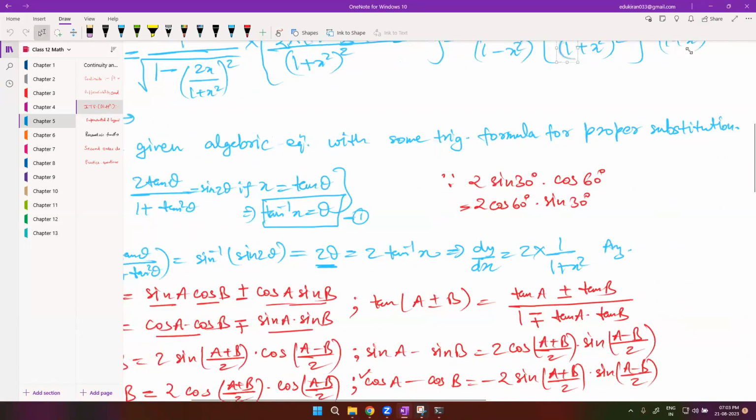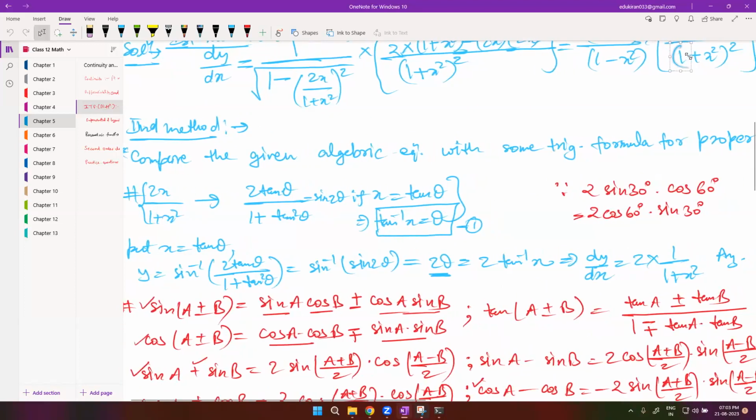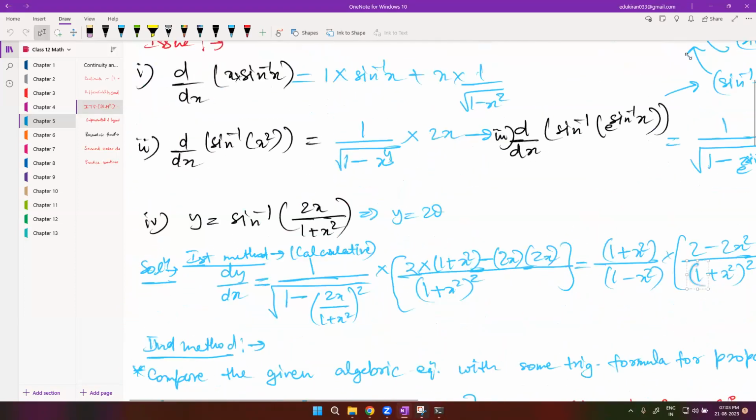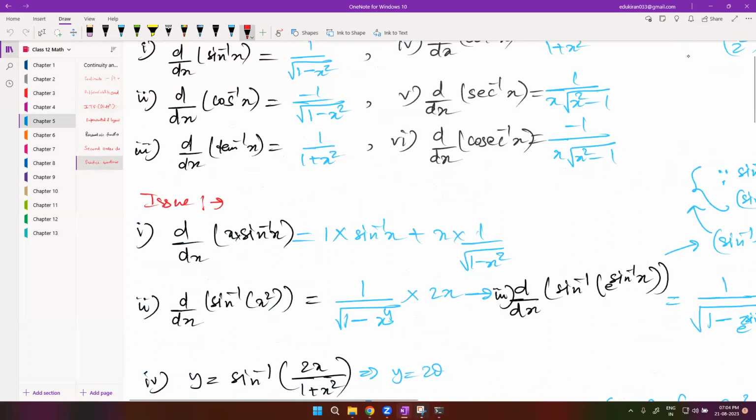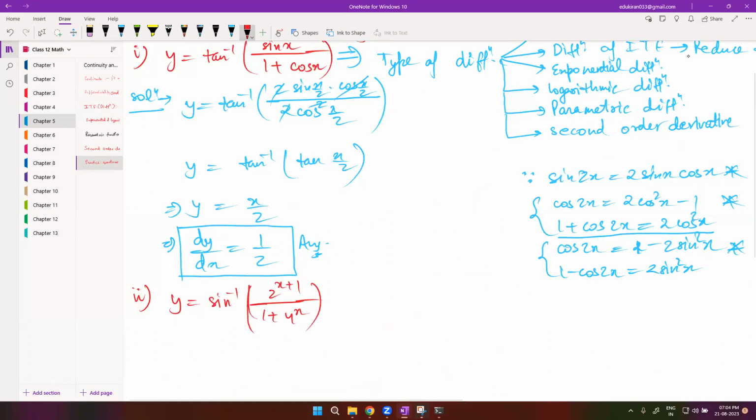So we need to understand these two things. Okay, how can we, matlab, what to put and what to substitute, and in place of substitution, what will come, right? And for that, compare the given equation with some trigonometric formula, right? So in this case, first of all, we need to understand what to substitute, and then after that, what trigonometric formula we can fit in this, right?